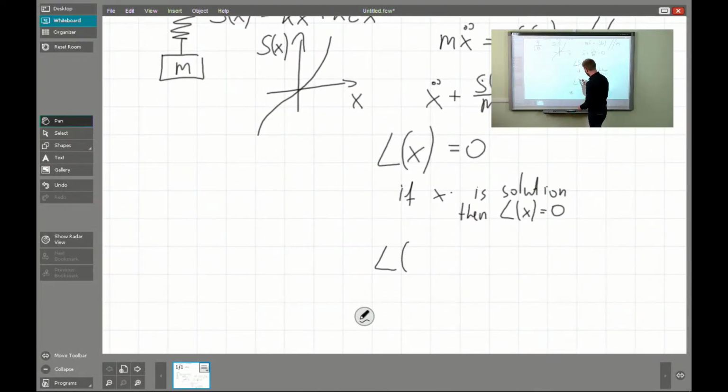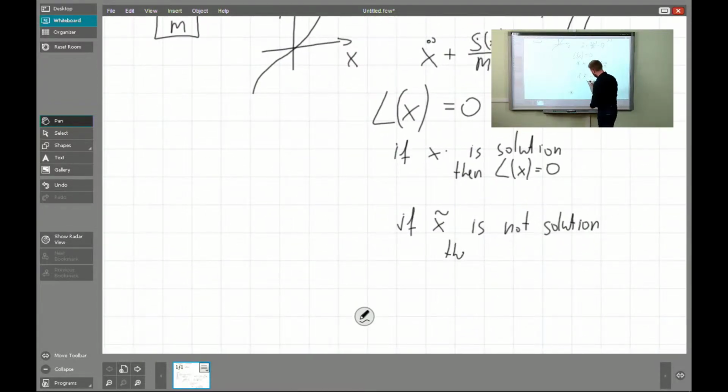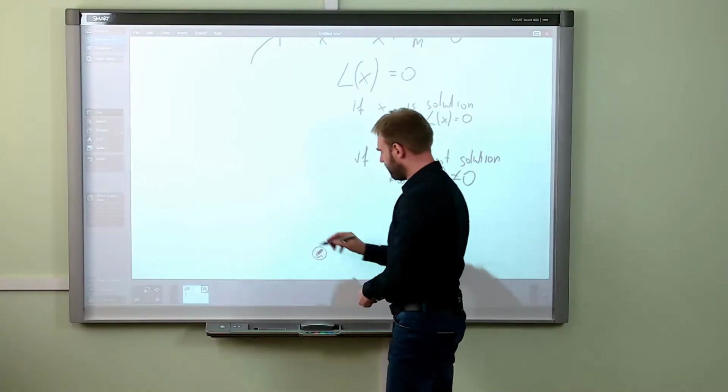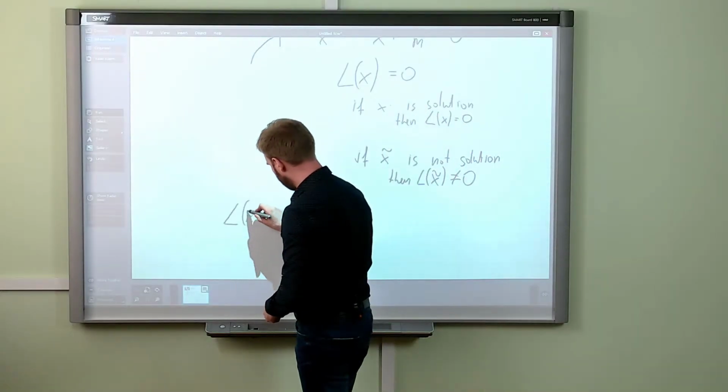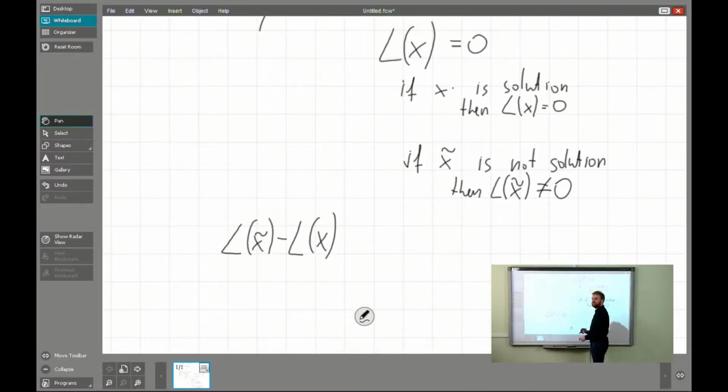But if, for example, some different function x tilde is not a solution, then our differential operator which acts on x tilde won't be 0. And the difference between those things will be the residual value, which will be some estimation of the error.